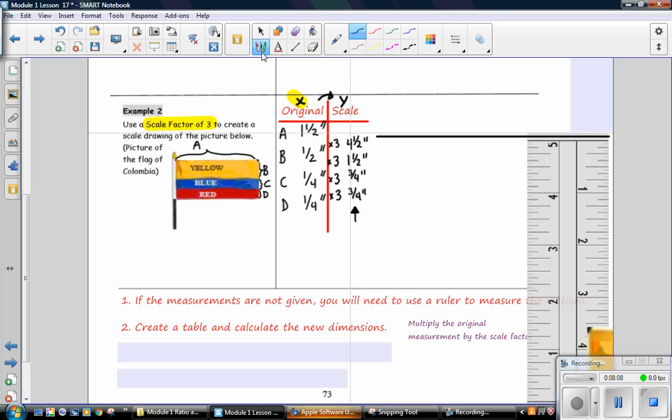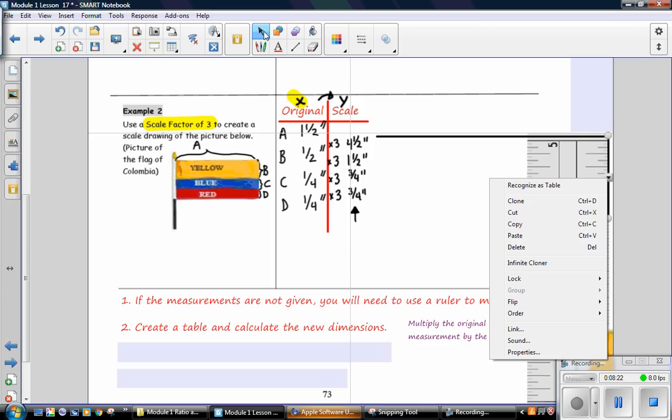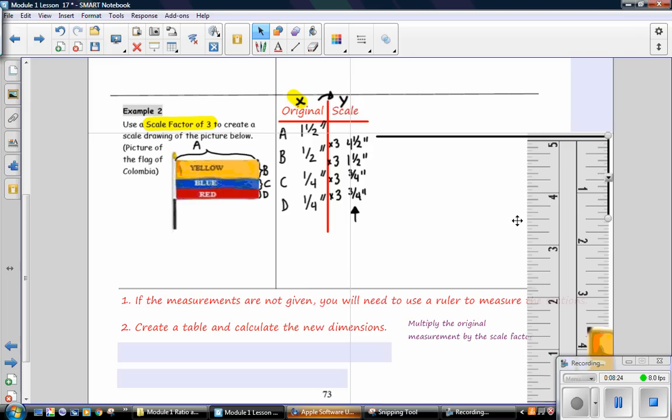And then I am measuring the section for B, and that's 1.5 inches. So that is going to go down here to 1.5 inches. And then it's going to need to be 1.5 inches on the other side as well.